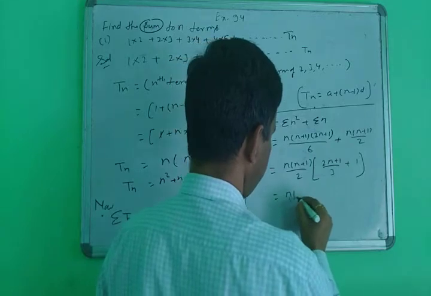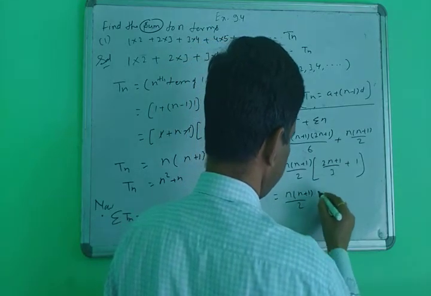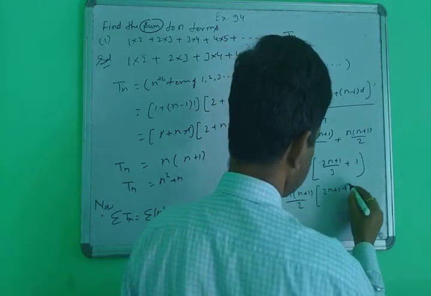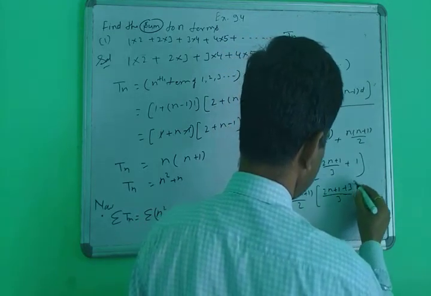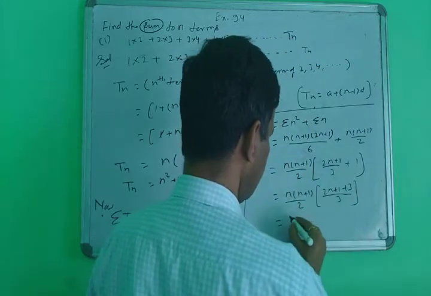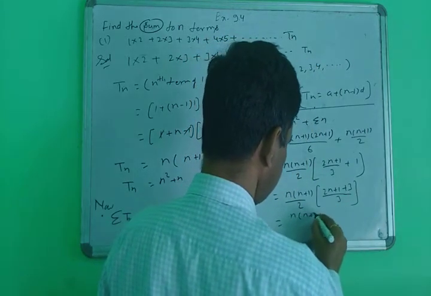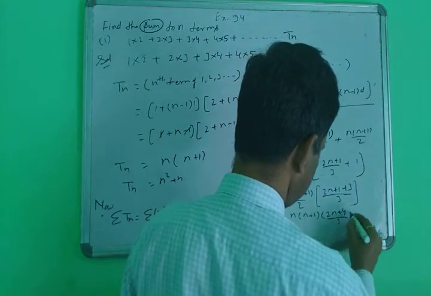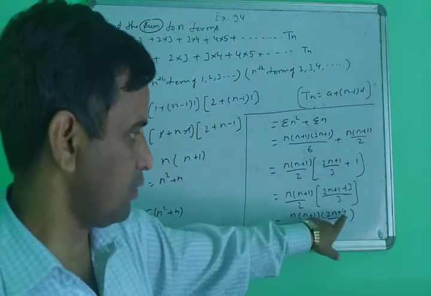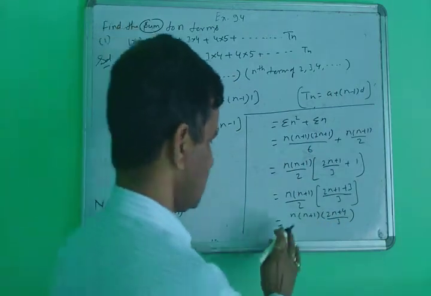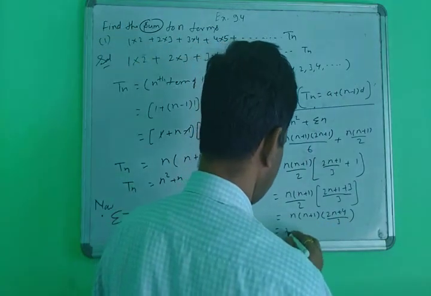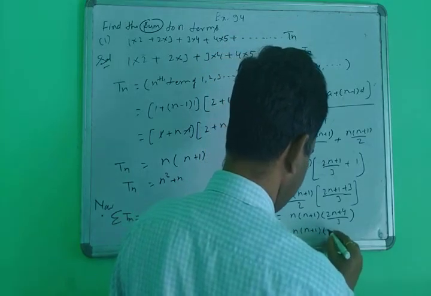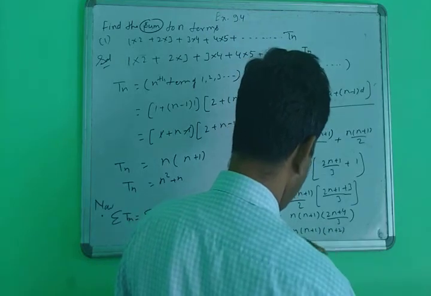Now n into n plus 1 by 2, taking LCM, 2n plus 1 plus 3 upon 3. So 2n plus 4 upon 3. Take 2 common here, and then you write the answer: 2 taking common, n into n plus 1 and n plus 2 upon 3.